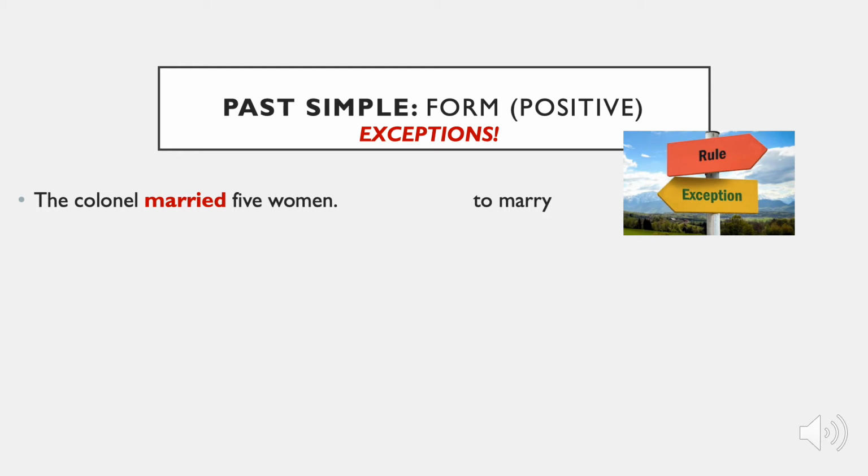Then, the next sentence. The colonel married 5 women. And the infinitive is to marry. What does the infinitive end in?